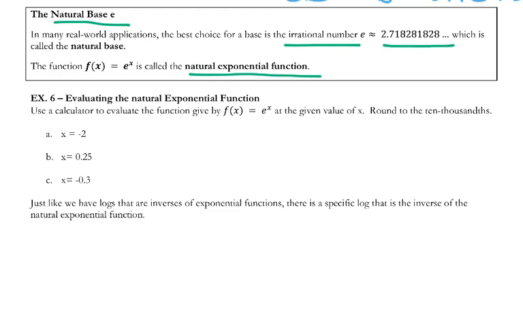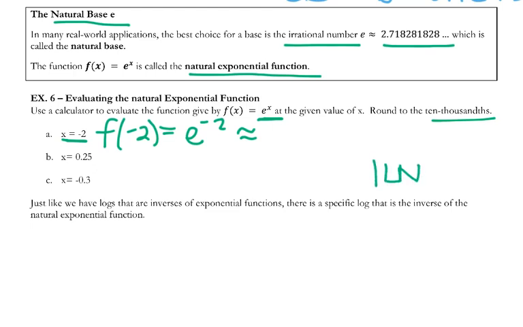Let's make sure we remember where e is on the calculator. If we wanted to evaluate e to the x, rounding to the 10 thousandths, with these different x values, we could say f of negative 2 equals e to the negative 2. On our calculator, the e button is right above the natural log.